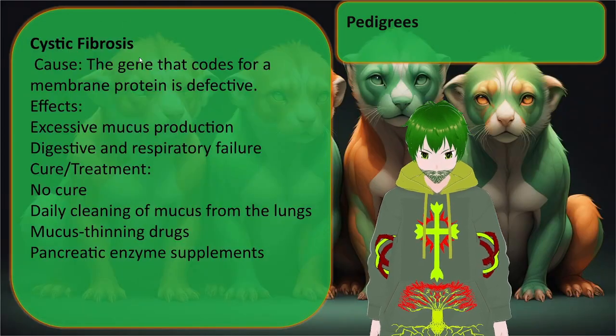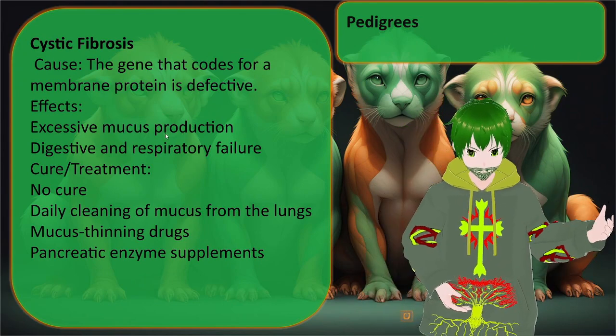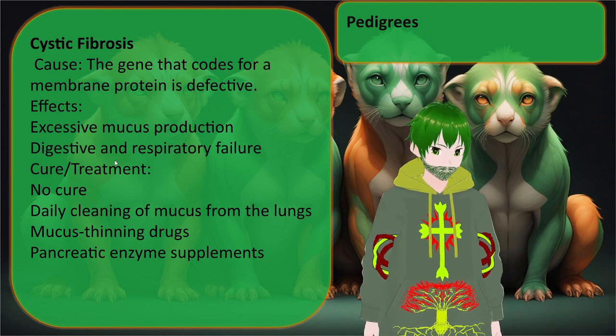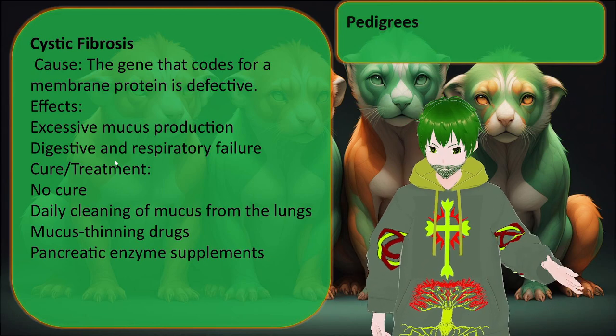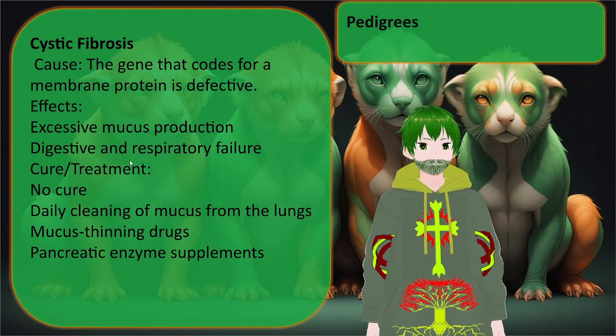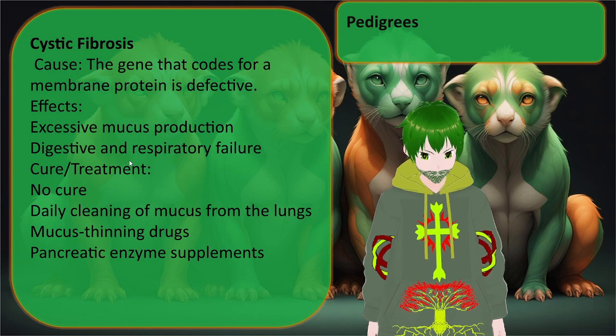Cystic fibrosis is a very nasty disease that causes the overproduction and thickening of mucus in the respiratory system. People tend to die of this before they reach 20 because of bacterial infections in the respiratory system leading to pneumonia.